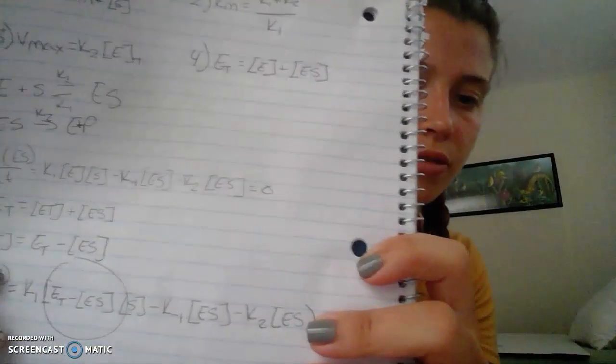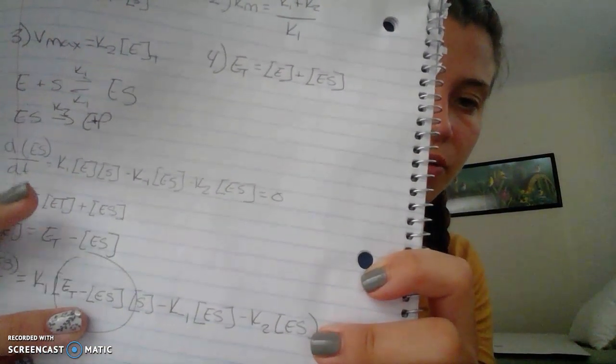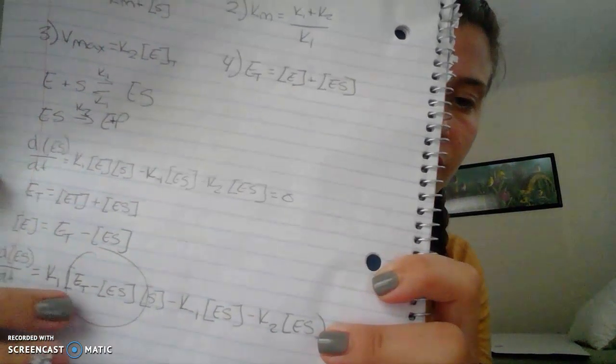So I have E total minus ES, and then I have that S on the other side, minus K negative 1 ES minus K2 ES. And I'm going to put a big circle around what I just added. Alright, so there's the big circle. I added our new equation right there, which is where E originally was.